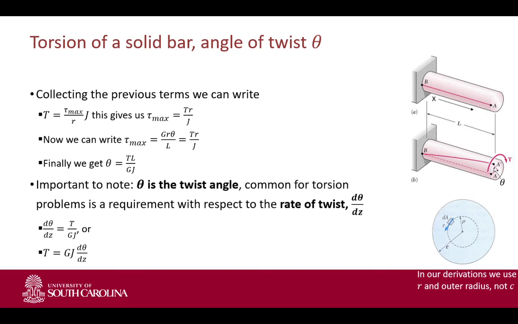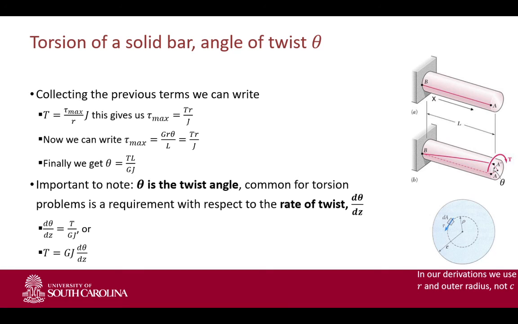So instead of theta, we look at the rate of twist, so the dθ/dz. That is nothing else than differentiating with respect to L, which is in this case the z direction. So dθ/dz is equal to the torsion divided by the shear modulus and polar moment of inertia.